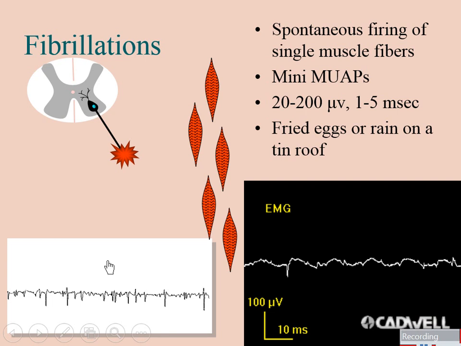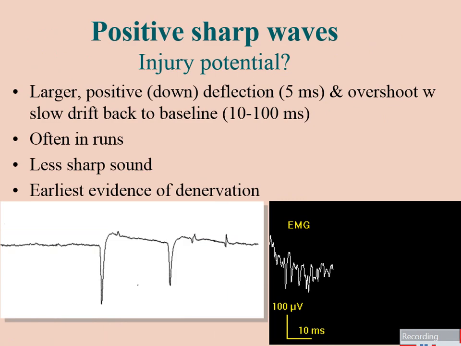So these little crackly sounds, and again, the fried eggs or rain on a tin roof is how people describe it. These little cracks are very random, irregular in their patterning, and they will quiet down after you get done moving the needle. But they're always there. They're just kind of continuous because these fibers are not happy and they're letting the world know about it.